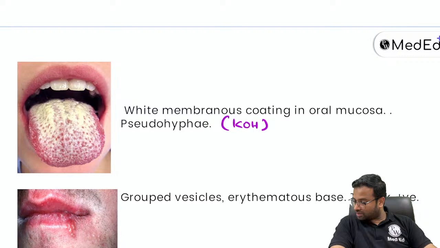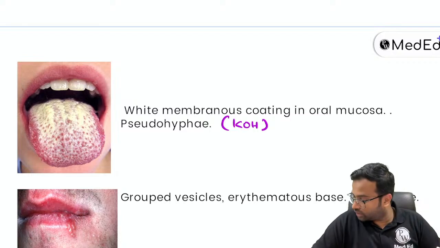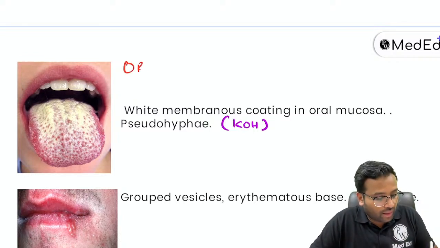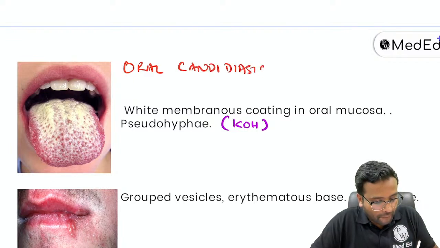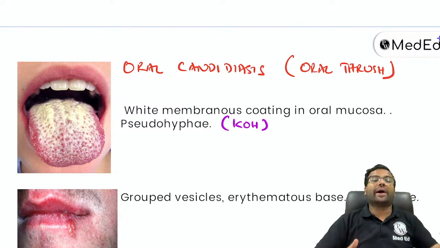Candida albicans. Candidiasis. So Candida albicans, oral candidiasis, all these things are the right answer. Here this is called oral candidiasis. It's commonly called oral thrush. And where do you find the pseudo hyphae?